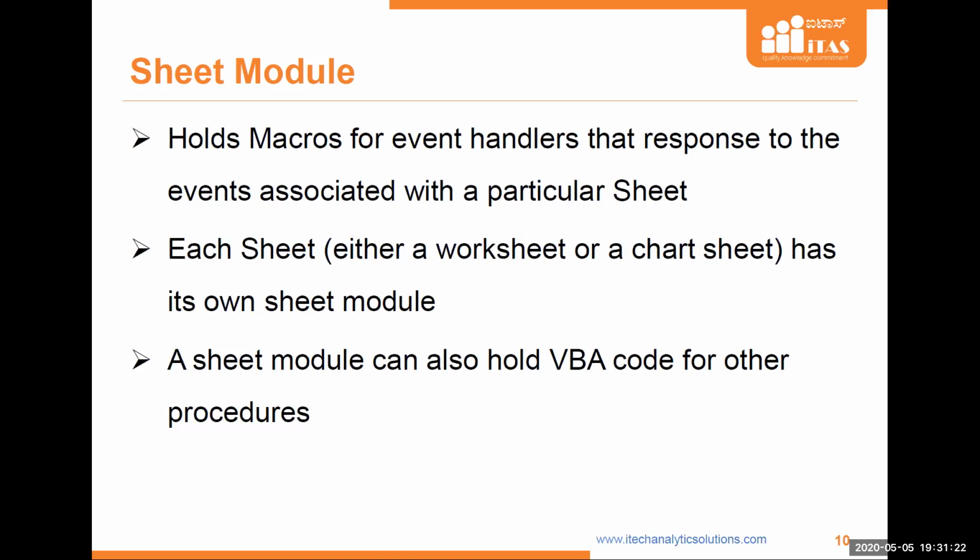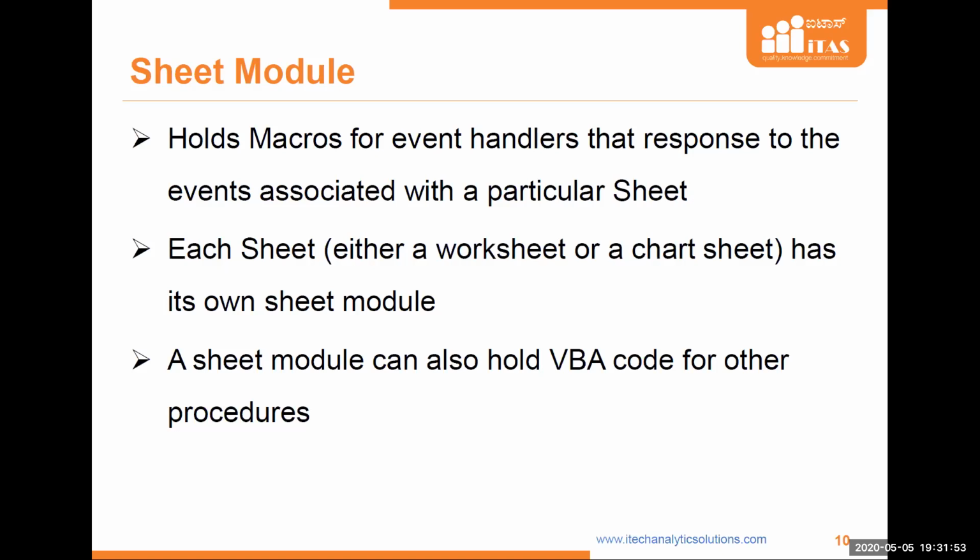Now if you have written a macro in a sheet module or a workbook module, it behaves in this way. To whichever event you associate your macro, it gets triggered as soon as the event occurs. Let's say I want to run a macro as soon as I select some cells. It will do that, but the trigger for that macro will be the cell selection.